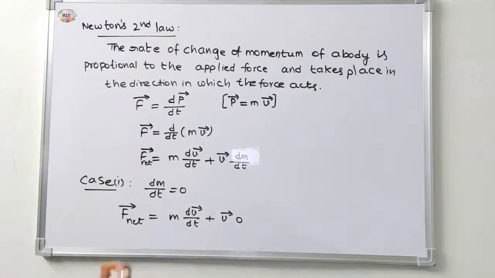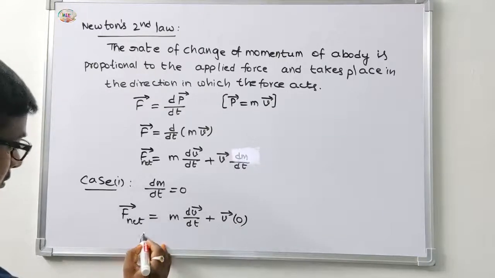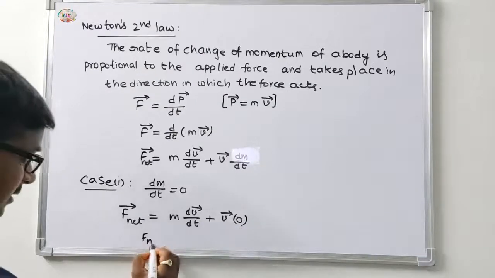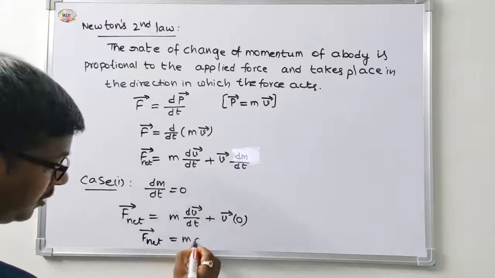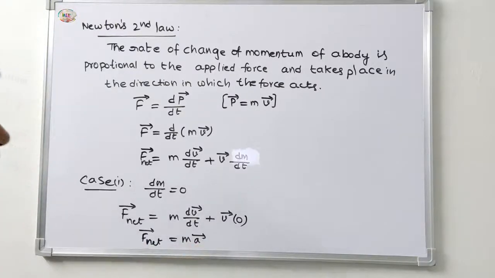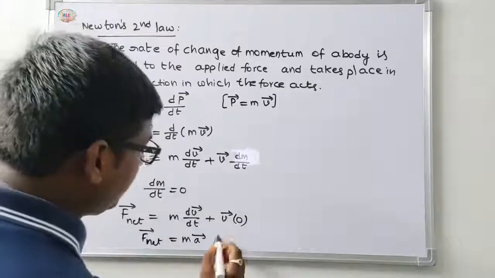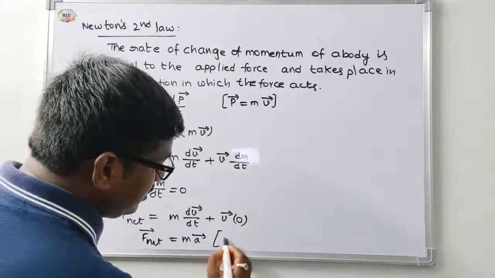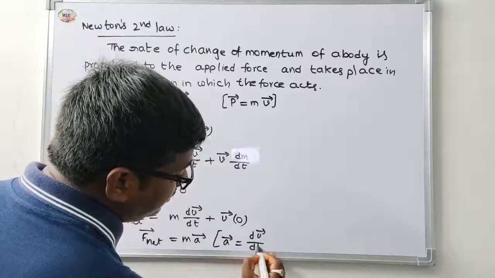So when mass is constant, the net force is equal to m into a bar. The change in velocity with respect to time is called acceleration: a bar is equal to dv bar by dt.